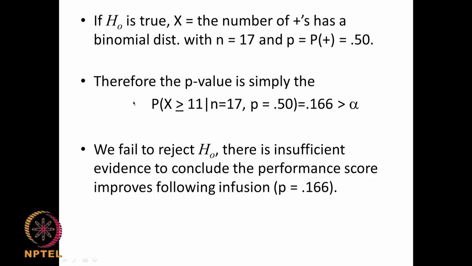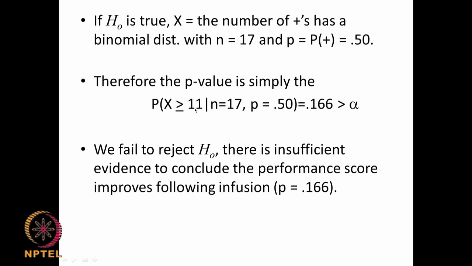We use a binomial approach to calculate the probability, and let me tell you how to get this particular value. The probability of x greater than or equal to 11 when n is 17 with the probability of 0.5, that is what we need to calculate.